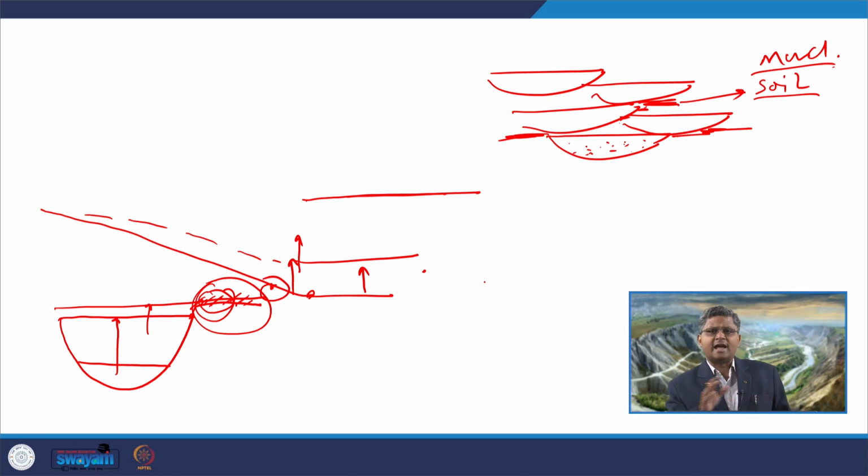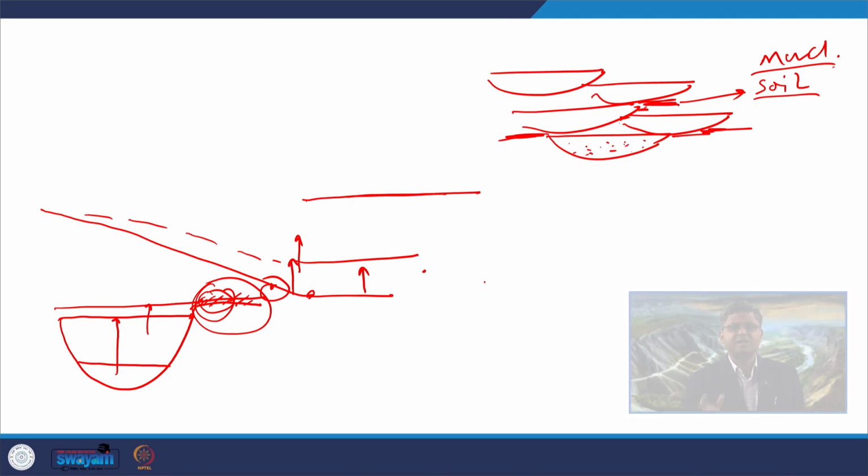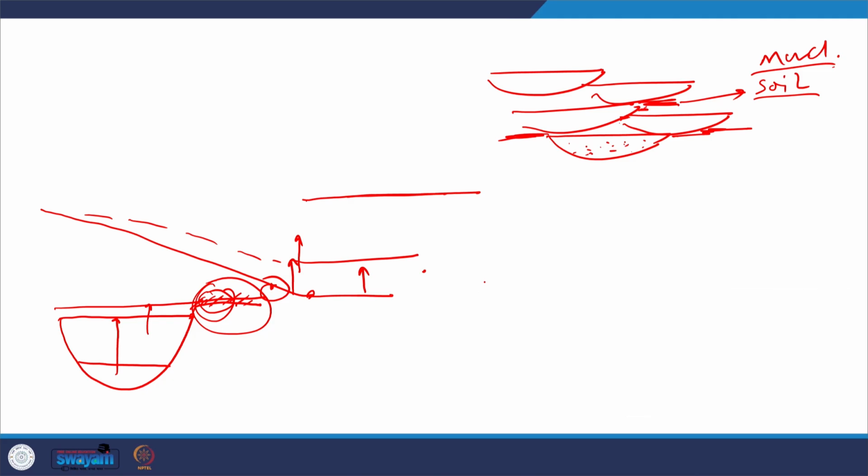So within these amalgamated channel fills, paleosols can be identified, which reflect syndepositional limited accommodation on the floodplains.